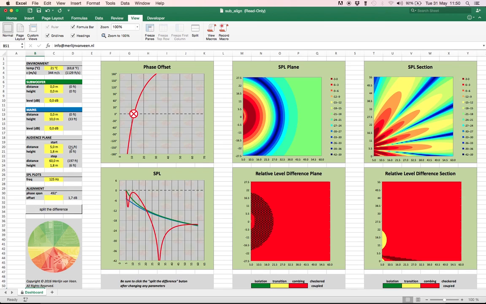In the SPL plots section, we get to choose the frequency we're looking at, and currently that is 125 hertz. I strongly recommend always to look at frequencies which is 1/3 octave above the actual crossover frequency.